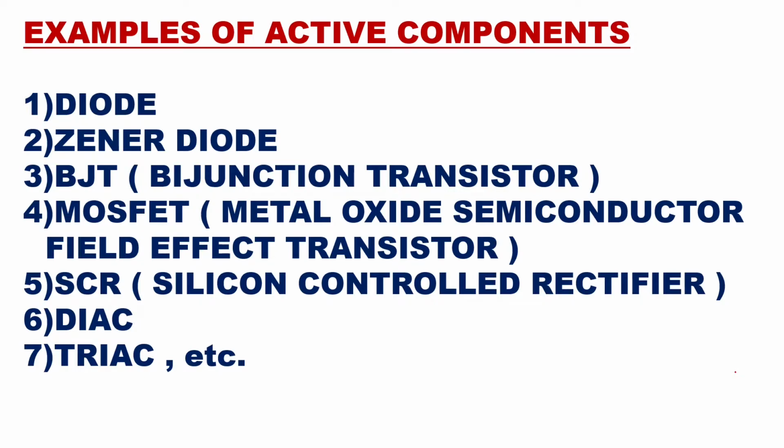Now, at this stage, when we are studying unit 1, you should only know what is the function of these components, what are the symbols of these components, what are the types of packages you can get, and what are the applications of these components. A detailed study of this we will do when we go to the next unit, when we study semiconductor devices.